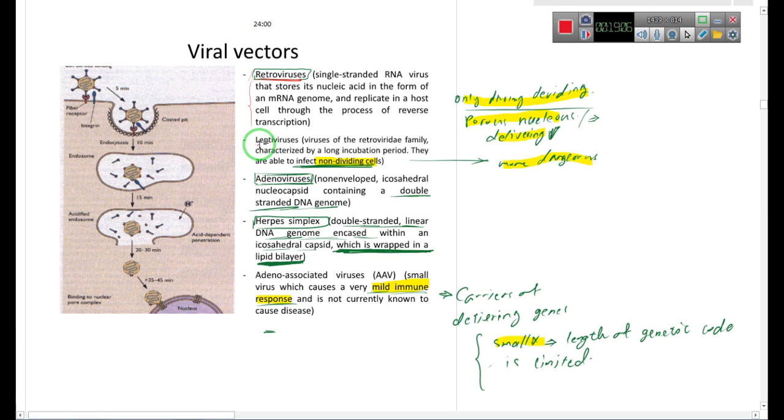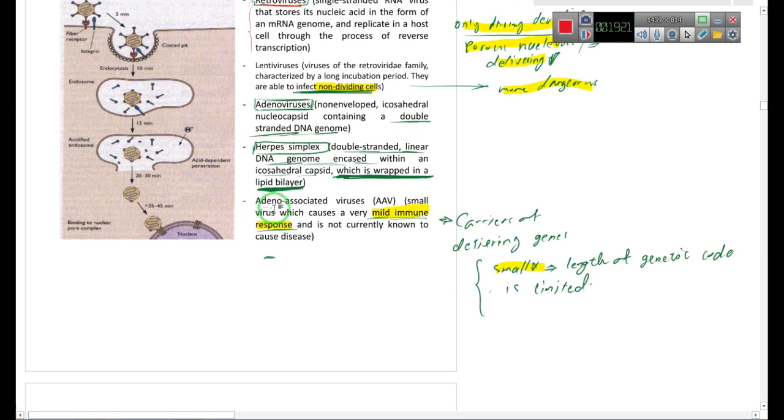We have the lentiviruses. These viruses are even more dangerous because even when the cells are not dividing, they can enter the cells. But we have these adeno-associated viruses, AAV, which do not cause a strong immune response of the body.